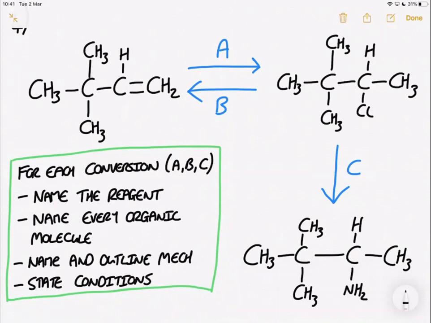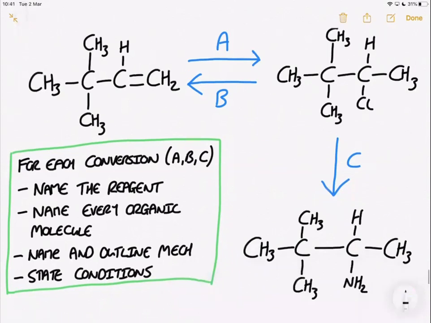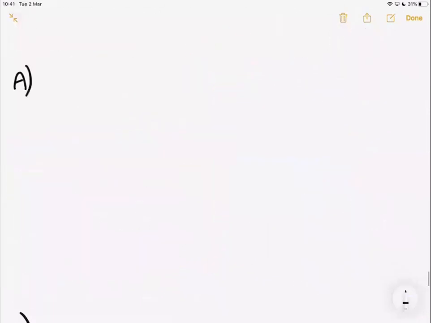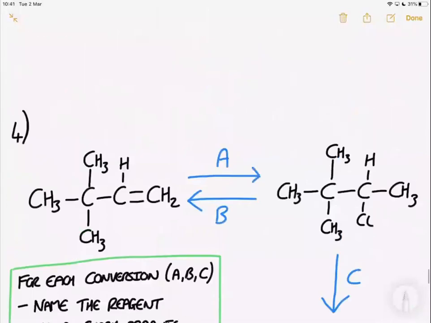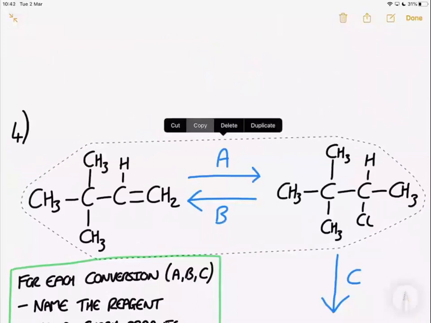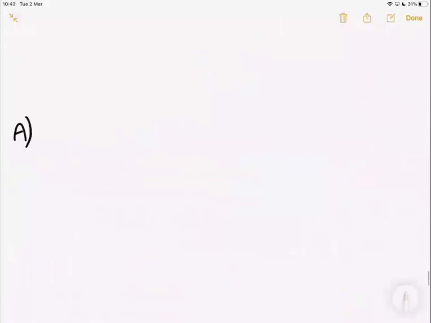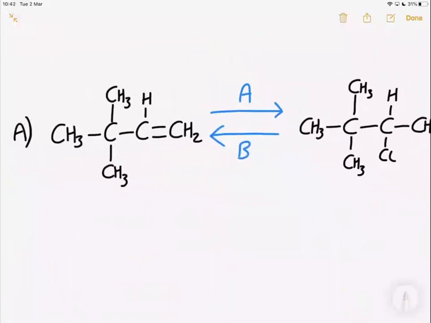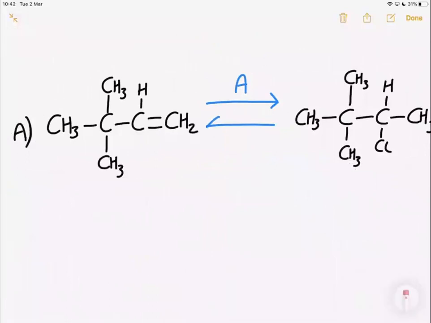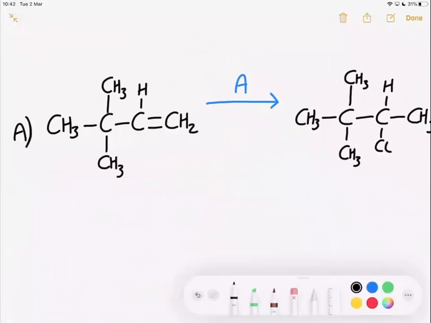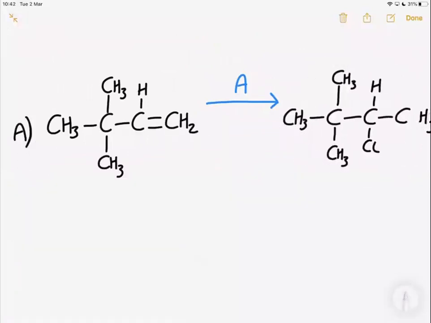So then let's start to have a look at it together anyway. So conversion A. I've got the luxury of being able to copy and paste here, so I'm going to. Just rejig that a little bit.